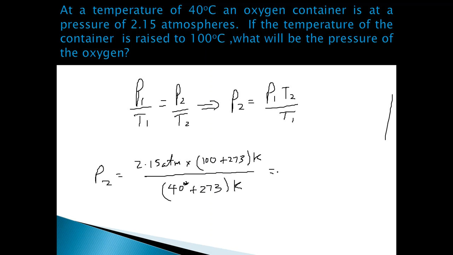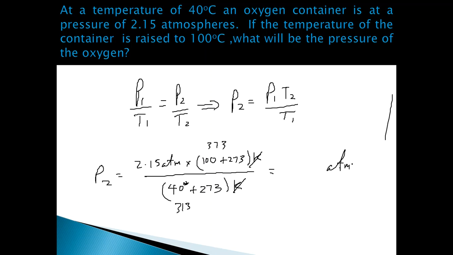And then the top part, this part here in the parentheses, works out to be equal to 373 Kelvin. The bottom part here works out to be equal to 313 Kelvin, right? And the Kelvin units will go. So your units would be in atmospheres in the end.